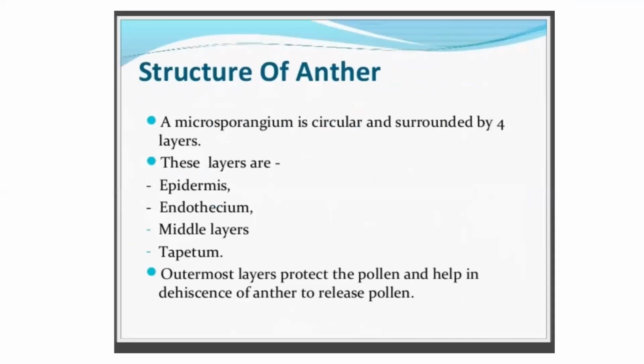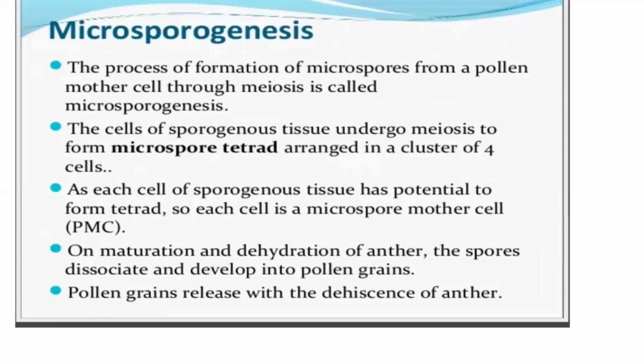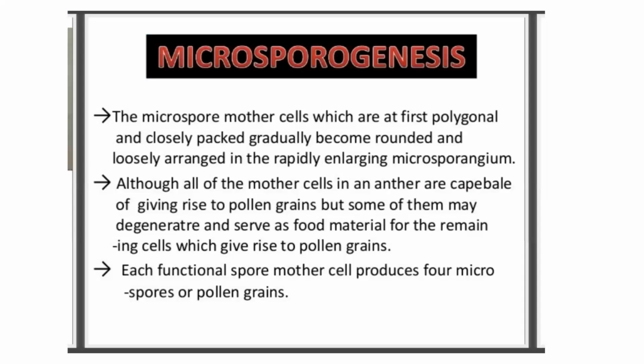The pollen grains are released with the dehiscence of the anther. Which cells are helpful for dehiscence? The stomium cells, large cells present in the lobes, help in the dehiscence of the anther.